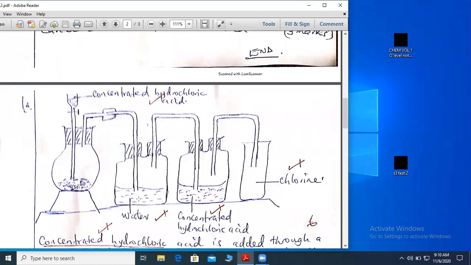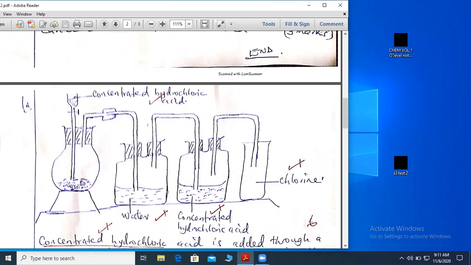Ensure that your flask and wash bottles are corked properly. For those of you who don't know what I mean by to cork, there are these shaded lines, these ones. That means you have corked the flask such that the gas cannot escape to the atmosphere.